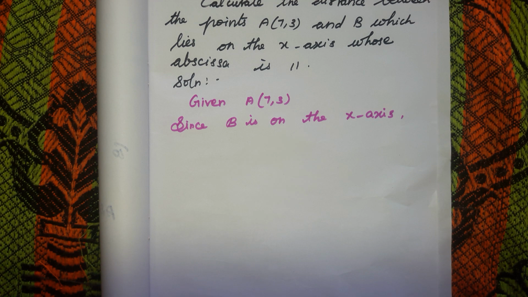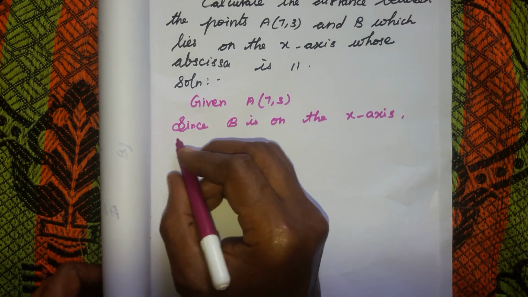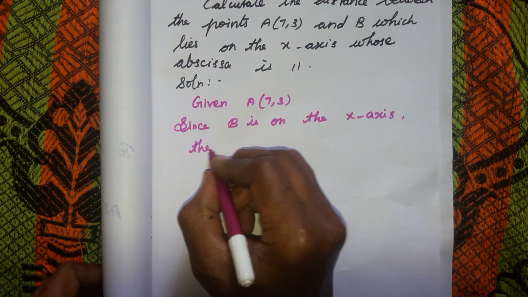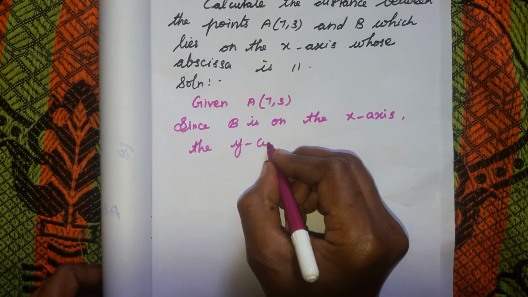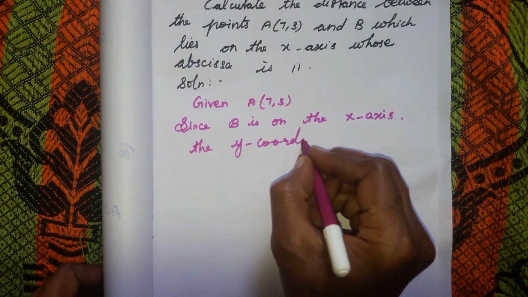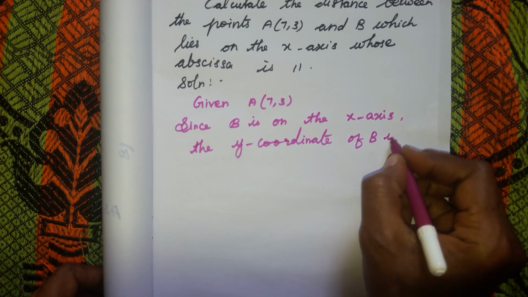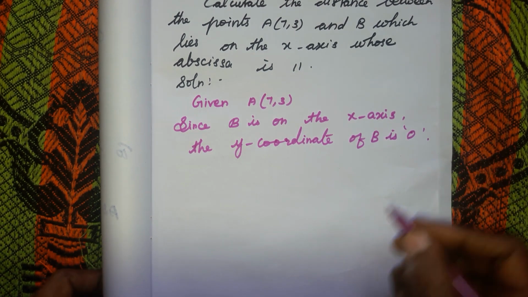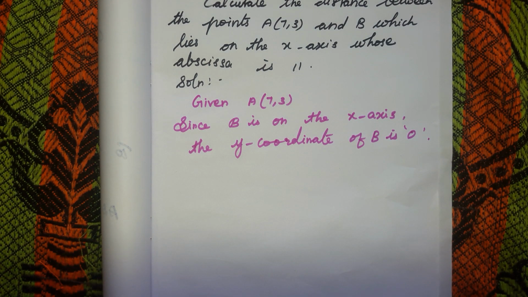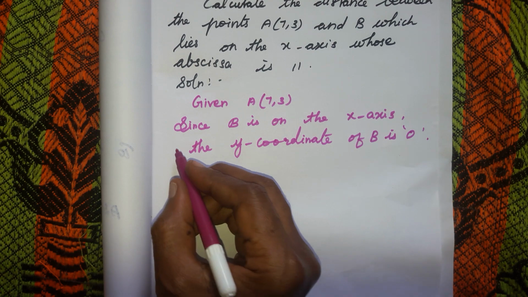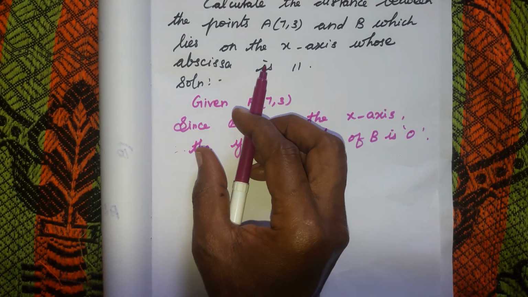Any point on the x-axis has y coordinate 0. Therefore, the y coordinate of B is 0. Clear? Okay.